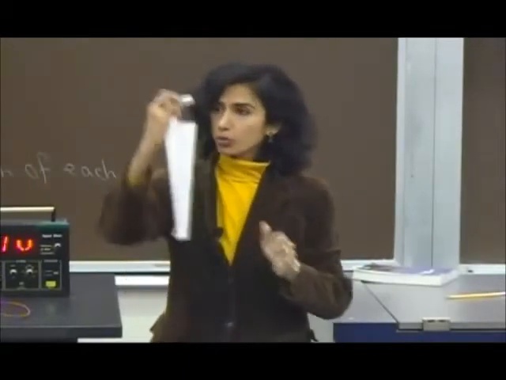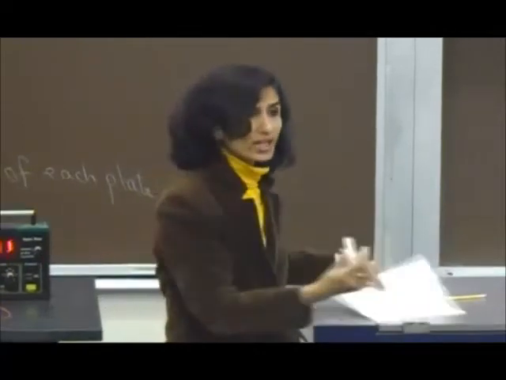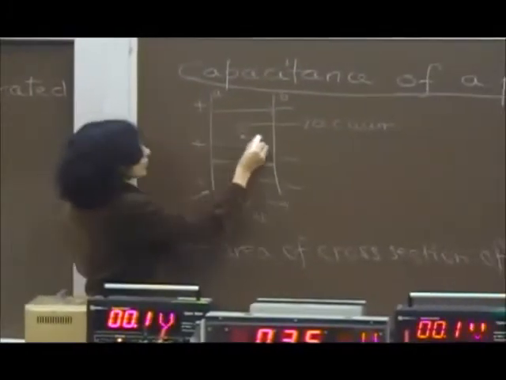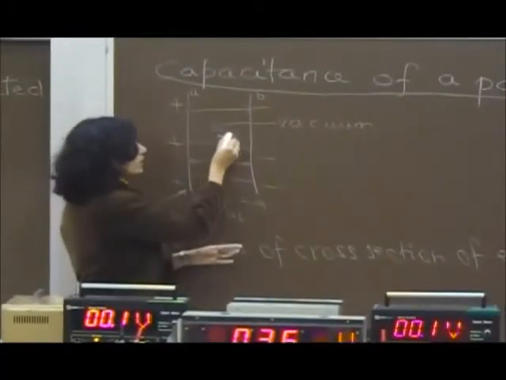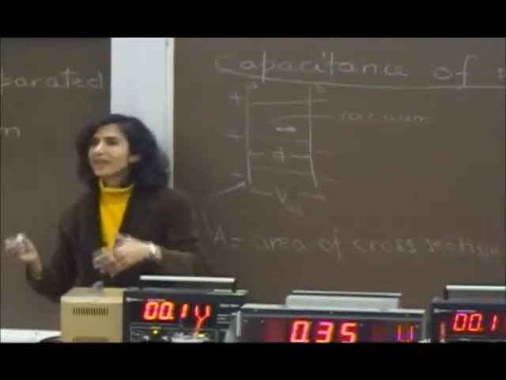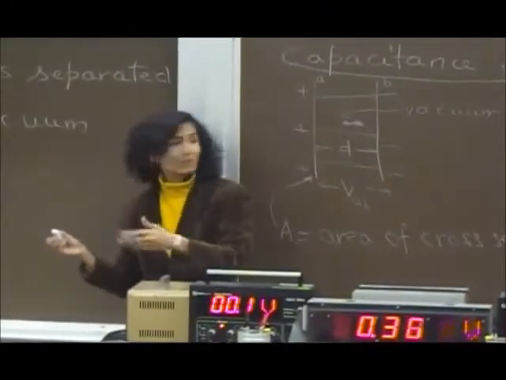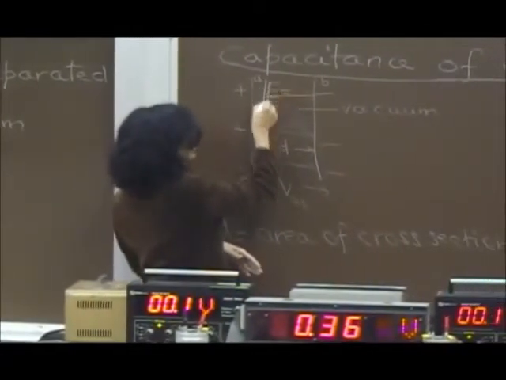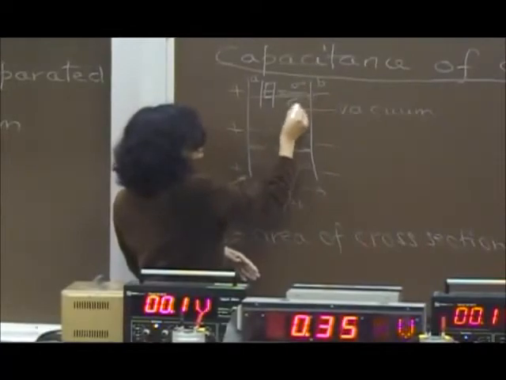The electric field due to one sheet will be sigma over 2 epsilon 0, and if you put two sheets with opposite charges, the electric field due to the positive plate will be this way, and due to the negative plate will be towards it also, and each of them is sigma over 2 epsilon 0. You add them up, the electric field between the plates has a magnitude of sigma over epsilon 0.